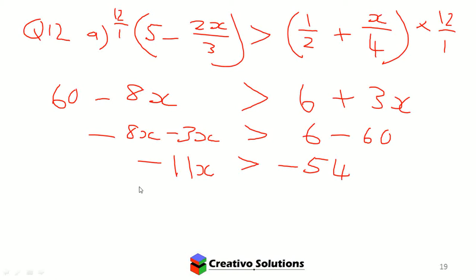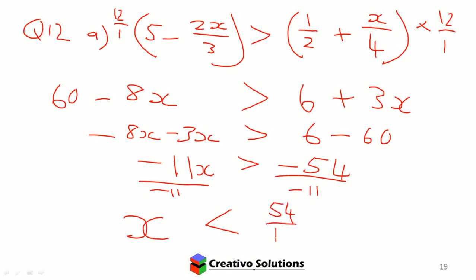The next step would then be to divide by negative 11. When I divide by negative 11, the sign swaps around. So x will be less than 54 over 11, and we've now solved the inequality.